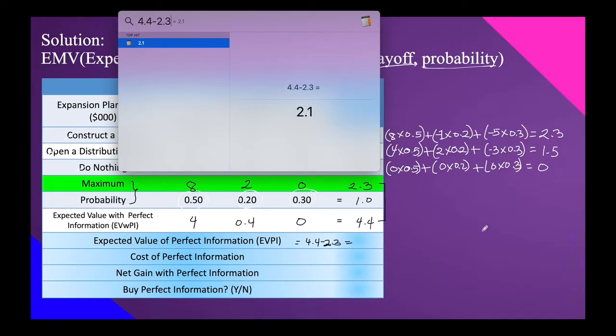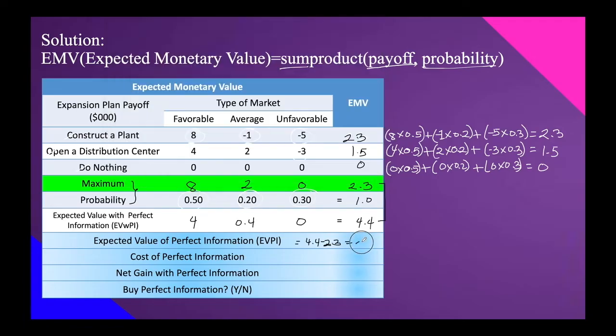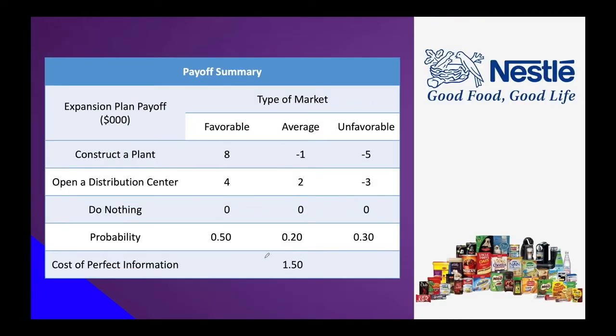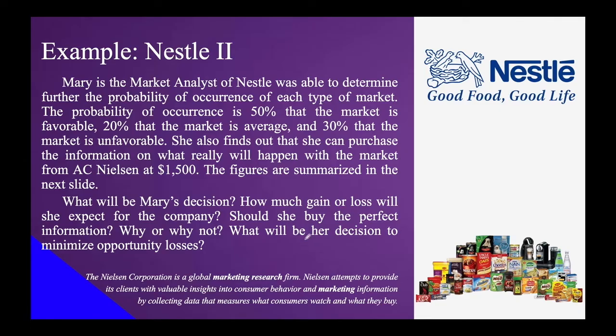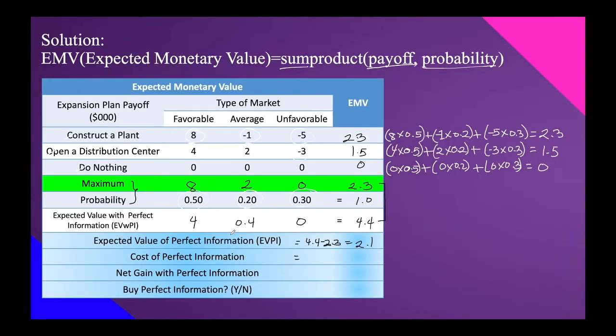This is 2.1. Okay, so let's have here 2.1. Now, the cost of perfect information, based on our previous tableau, this is given naman, 1.5. Ito siya, 1,500. So, let's have here 1.5.